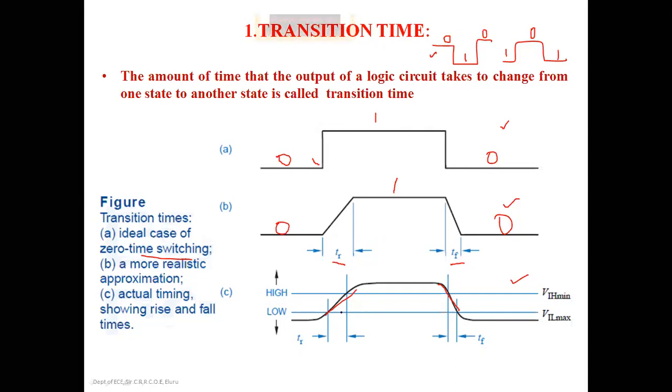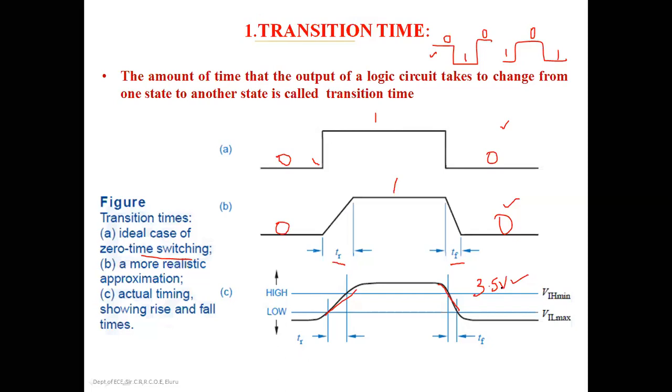But how do we determine the transition time at the beginning and at the end of the transition? To determine these transition times, we use the boundaries of the logic values. From the logic values and the power supply rails, the input can be accepted as a logic 1 if the input value is above 3.5 volts.